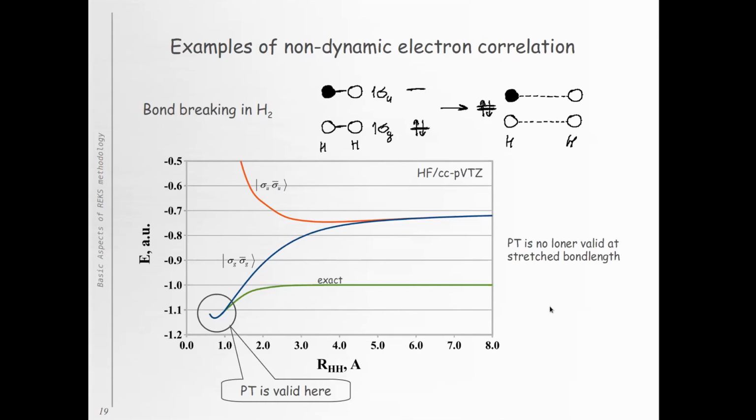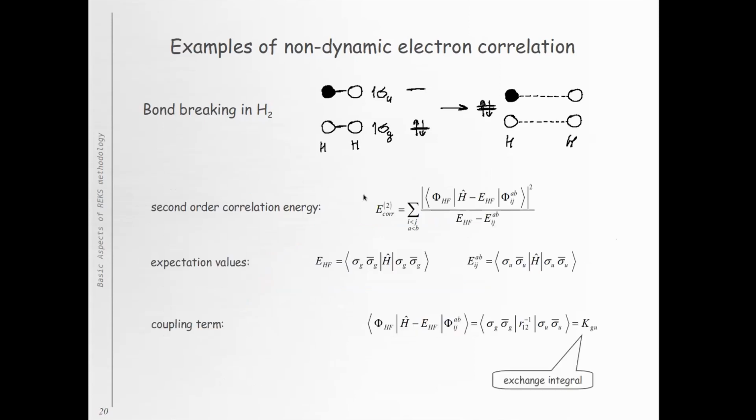Because in the lowest energy correction, the second order contribution to the correlation energy, we have a ratio of two things where the denominator becomes near zero. So we have a difference between, I'll go back to the previous slide.